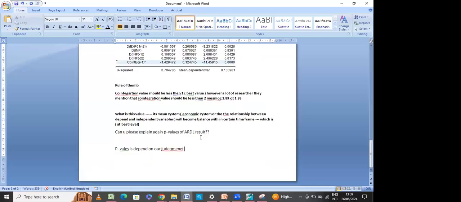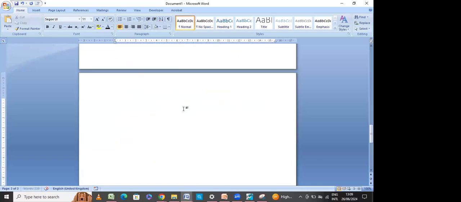P-value 0.01, p-value less than 1%. 0.023, p-value less than 5%.